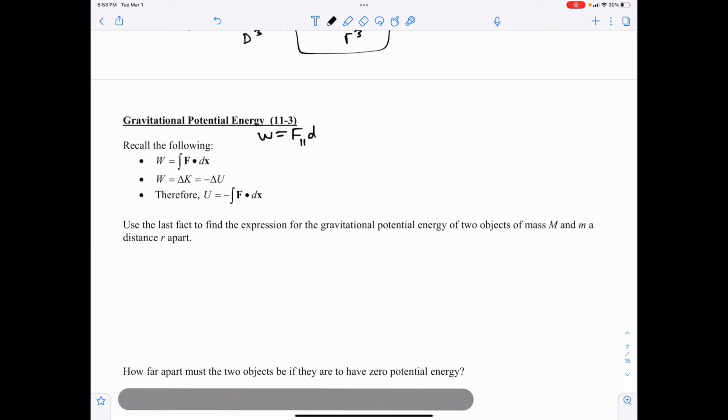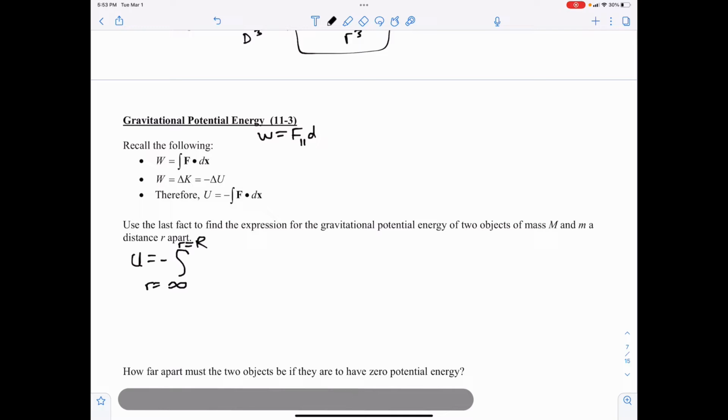Use the last fact to find an expression for the gravitational potential energy. Okay, so let's start with that. U is equal to negative, and I'm going to go from infinity to, so I'm going to bring in objects from super far away, r from infinity to r equals big R, which is essentially the radius of the planet.